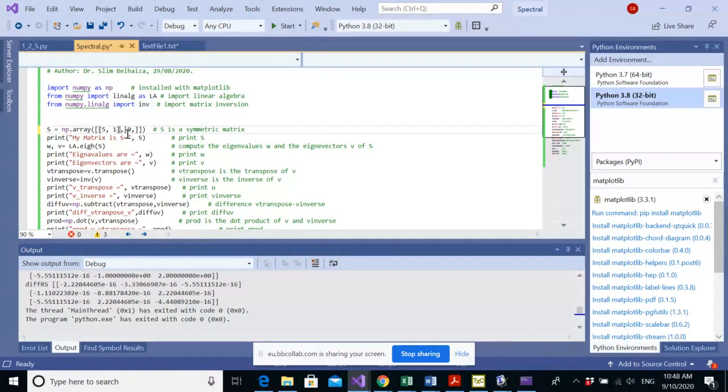So that was 5, 1, and 0, 5. Okay, so let's see what happens. This is for the first matrix. If you remember with this code, we're trying to obtain the eigenvalues and the eigenvectors.